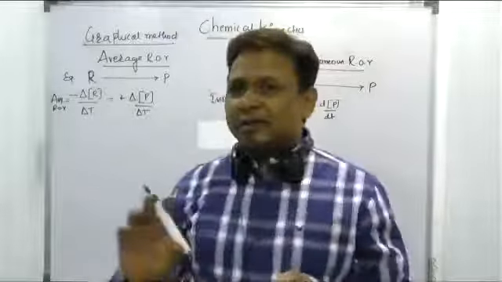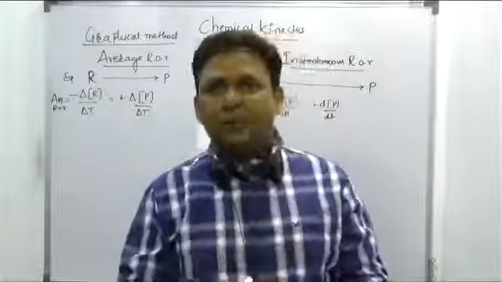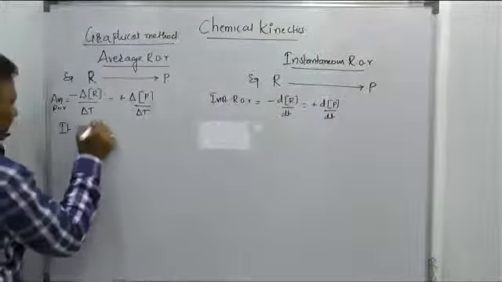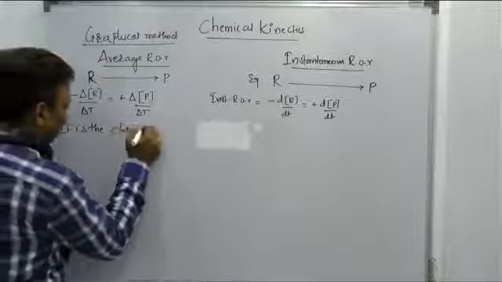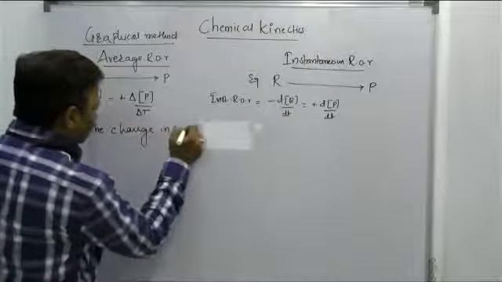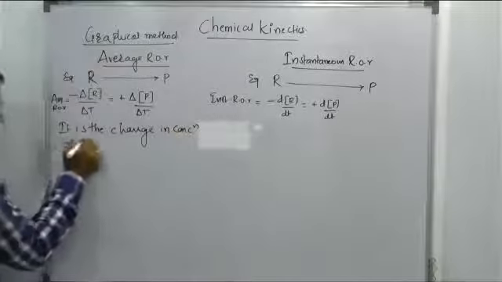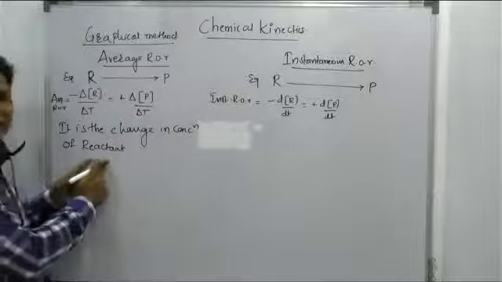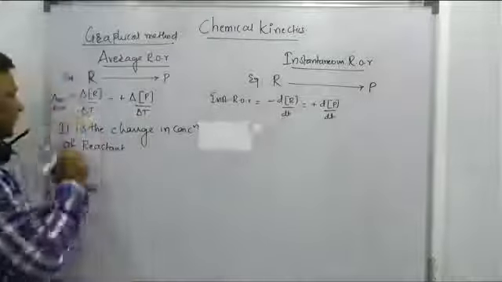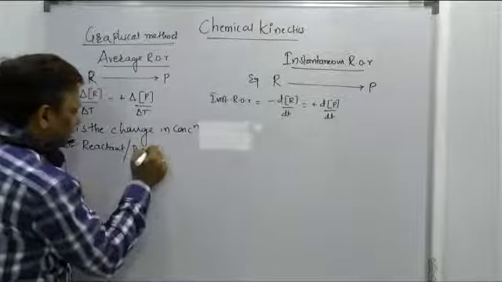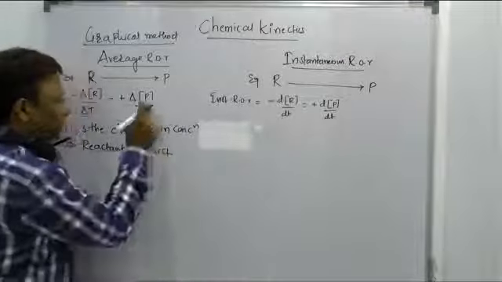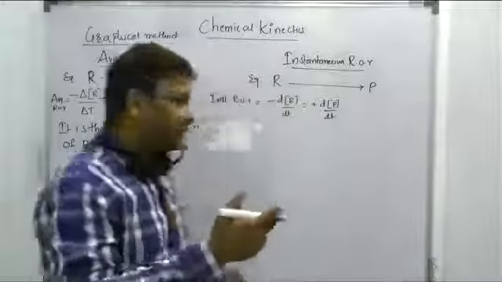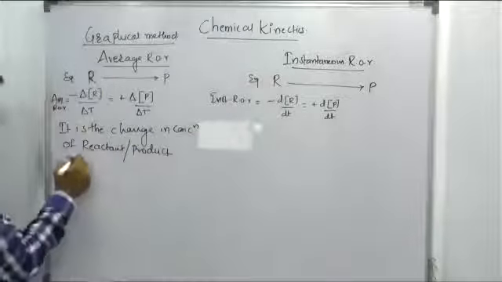Sir, it is the change in the concentration of reactant or product in an interval of time. A change in concentration of reactant means the reactant decreases, negative sign, or a change in concentration of product means it increases, positive sign. But how does it decrease and increase? It is in an interval of time.